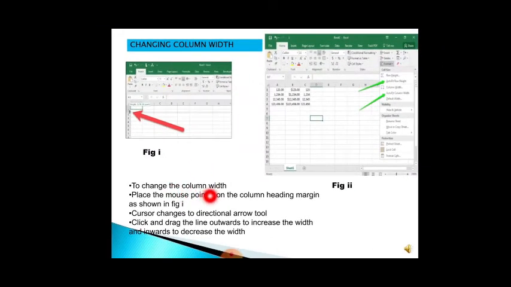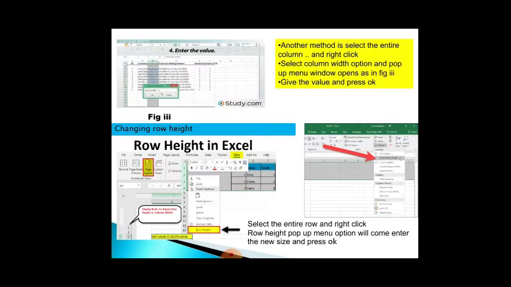The cursor changes to the directional arrow tool. Click and drag the line outwards to increase the width and inwards to decrease the width.